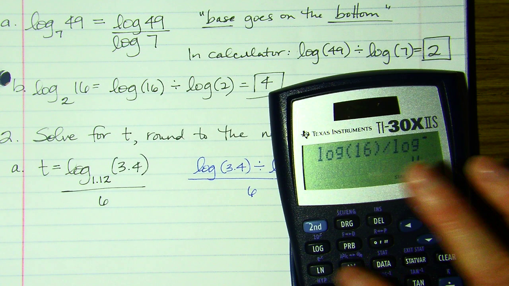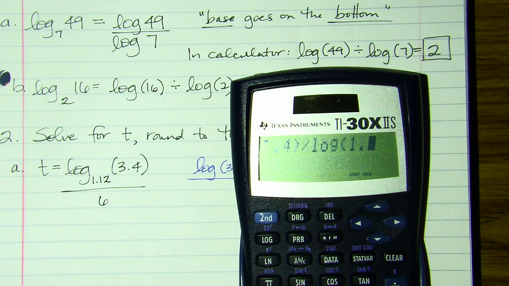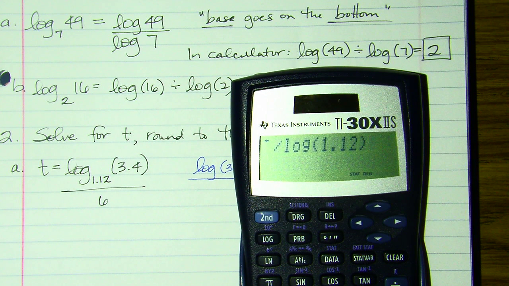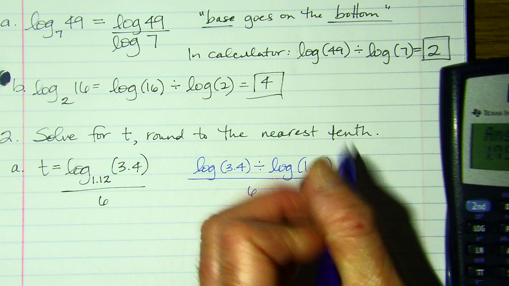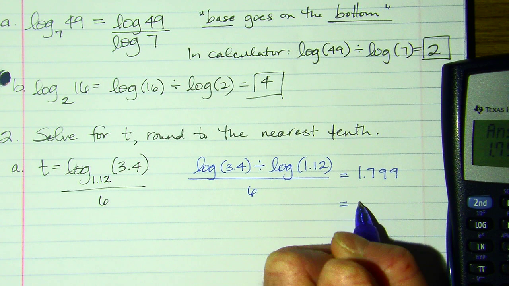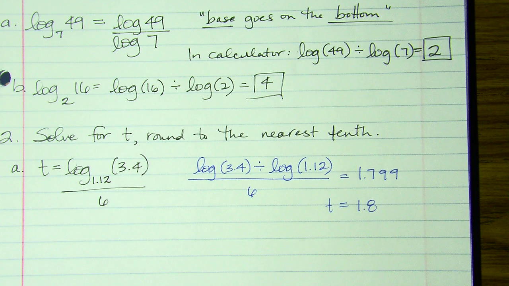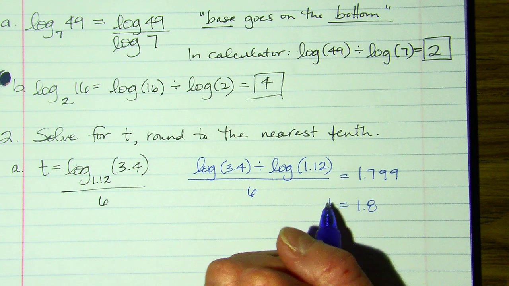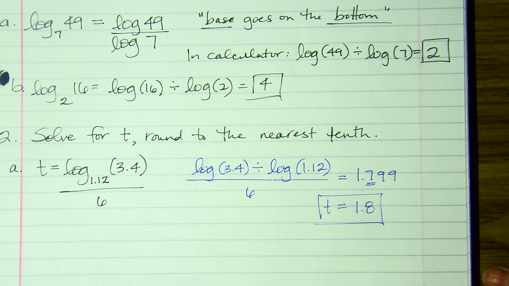Okay, so log of 3.4 divided by the log of 1.12. Hit enter. Then divide all of that by 6. And I get 1.799. So I'm going to round that to 1.8. Okay? Because the nearest tenth is the first place after the decimal, and so 9 would round 7 up.